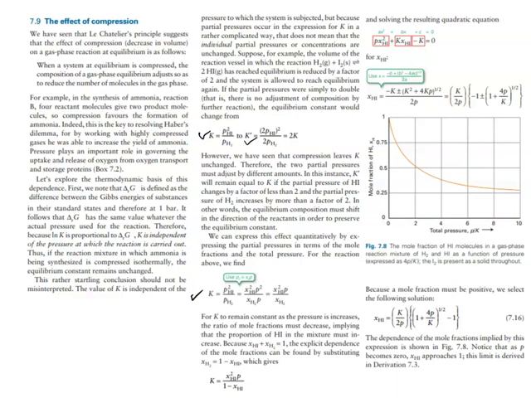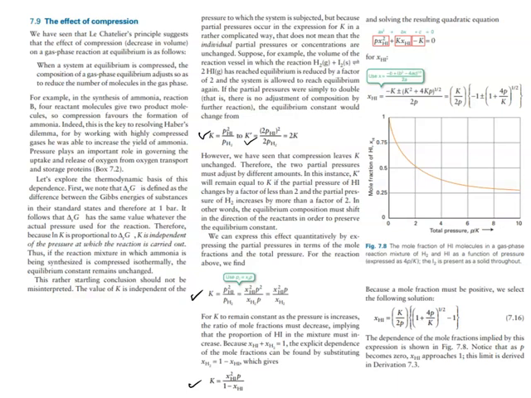Because the mole fraction of hydroiodic acid plus hydrogen must equal 1, the explicit dependence of the mole fractions can be found by substituting mole fraction of hydrogen equals 1 minus mole fraction of hydroiodic acid, which gives the following. So now we have a single variable for hydroiodic acid, and solving the resulting quadratic equation gives you the following.